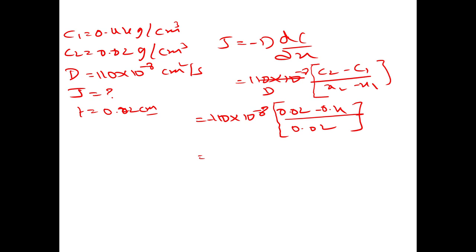So that will be 2.3 into 10 to the power of minus 5. What will be the unit for this? Gram per centimeter square per second, right? Yes.